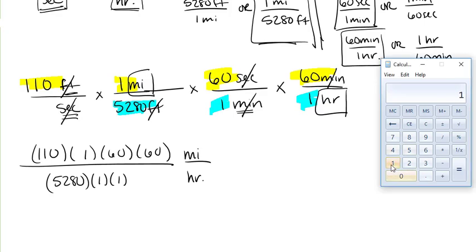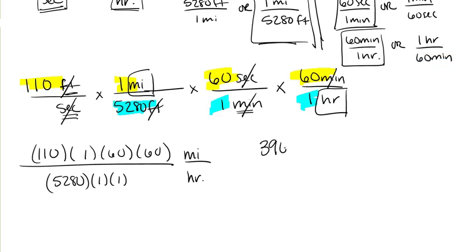So we have 110 times 1 times 60 times 60. And we're left with 396,000, all over 5,280 times 1, which is just 5,280.